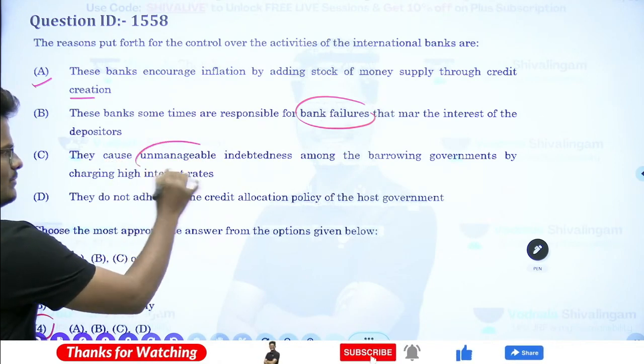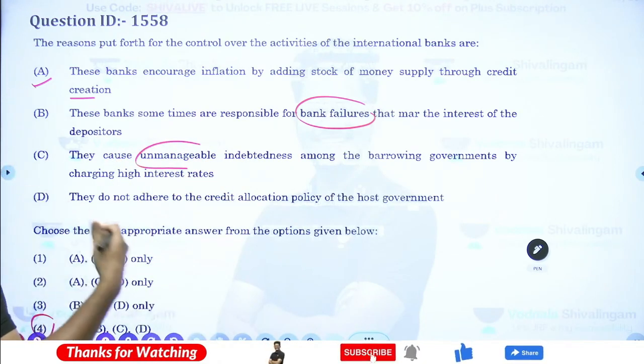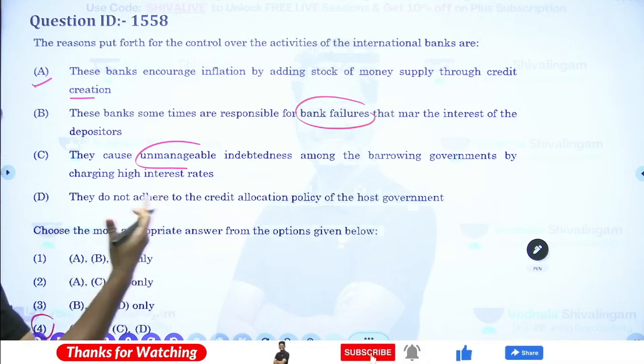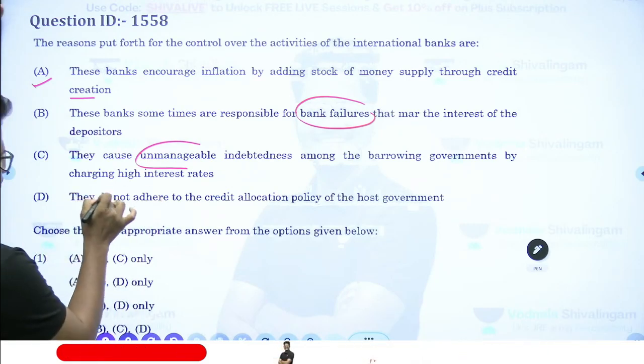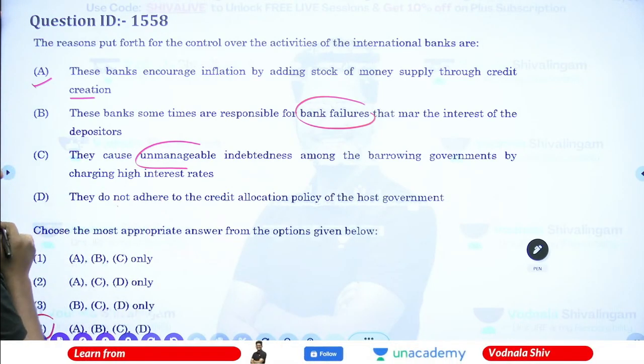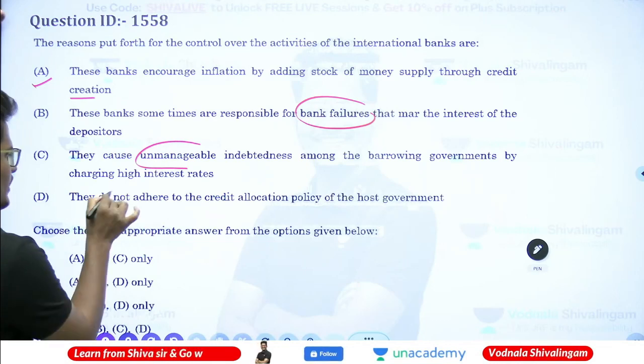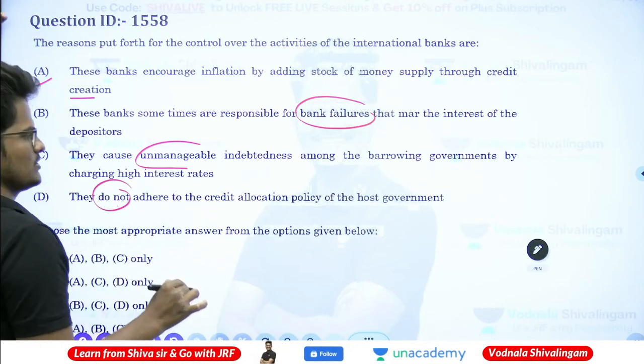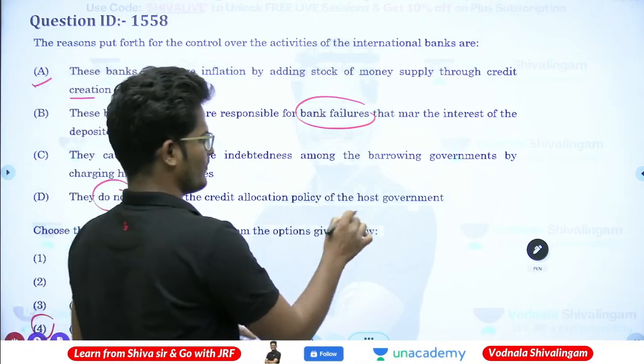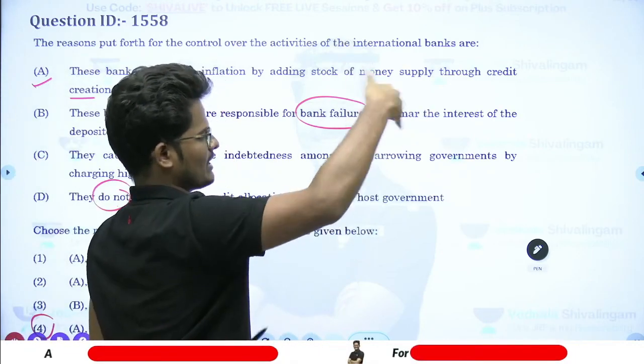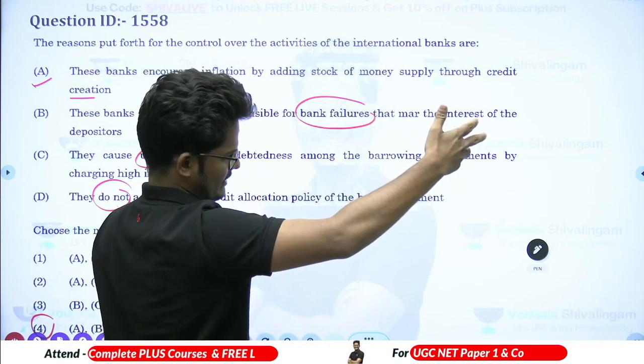So they can't manage the debt which they were given because of the high interest rate. They do not adhere to the credit allocation policy of the host government. The host government is the country where we set up our Indian bank, which is an international bank.